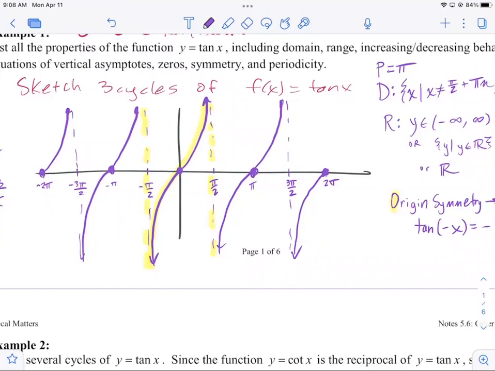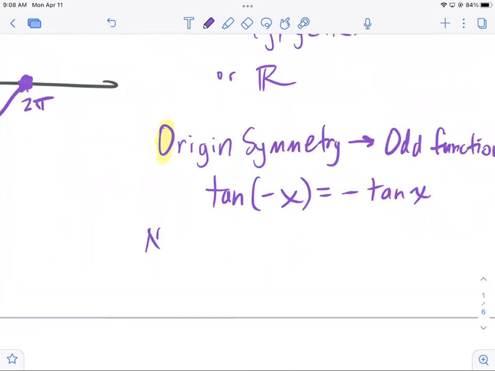Remember, for one-to-one, that means every x has just one y value, but every y value also has just one x value. And is that true? No, every x has one y value, but this y value right here has infinitely many x's associated with it, right? So it's not one-to-one.